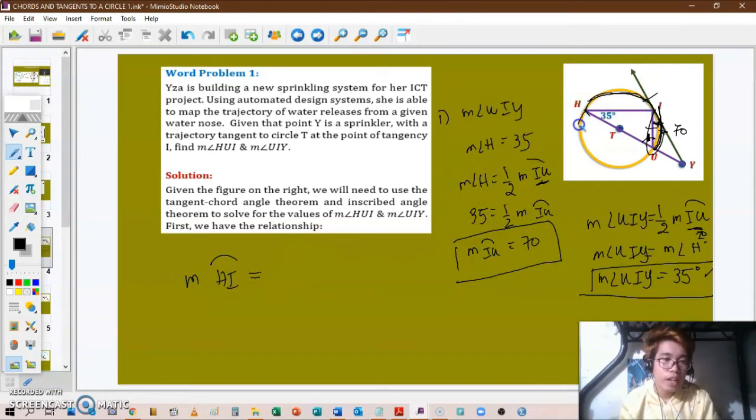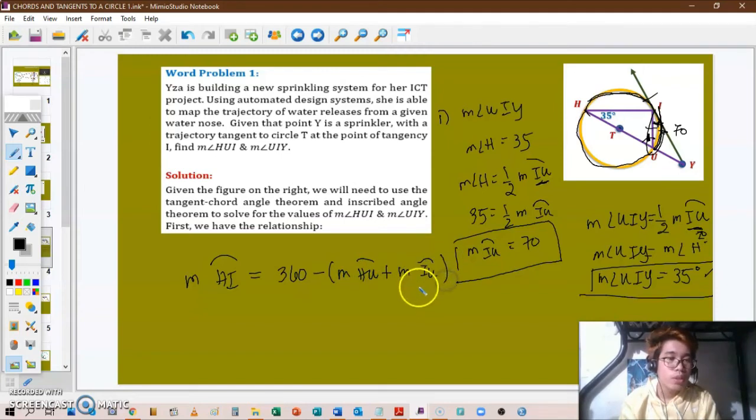We're given here HU. We can see that HU is a semicircle because it has a line that passes through the diameter, and we know that the diameter forms a 180 degree angle. So arc HI is going to be equal to 360 minus the measure of arc HU plus the measure of arc IU.